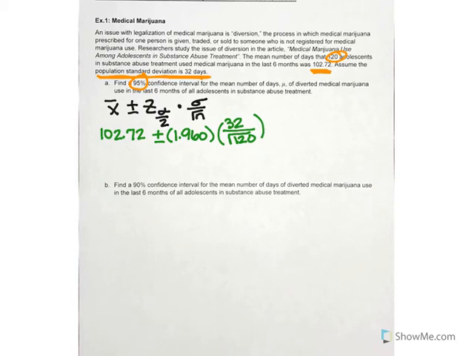So we're going to first do 32 divided by the square root of 120, and that would give us 2.921186973, which I'm going to multiply by 1.960.